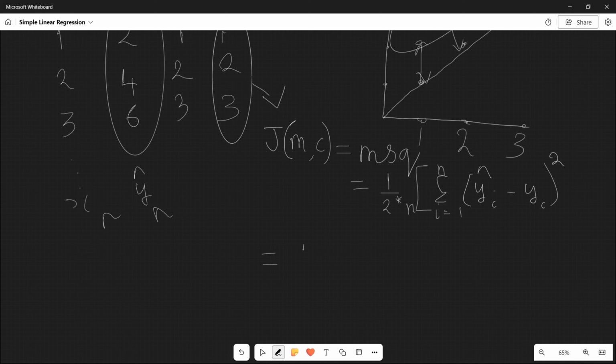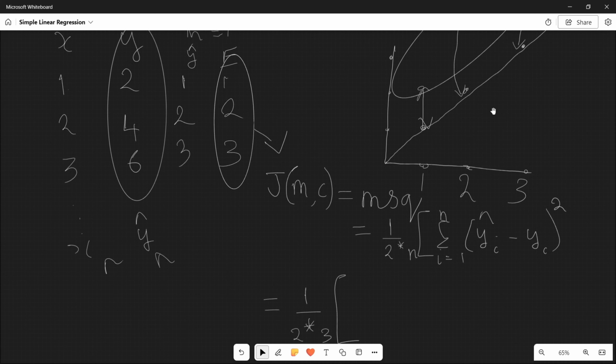So let's evaluate this. I have totally three records. So 1 by 2 into 3, and the summation of these three records, which is (yi cap minus yi). Our predicted y is 1, and our actual y is 2, right?